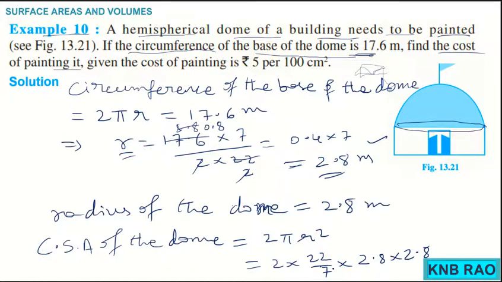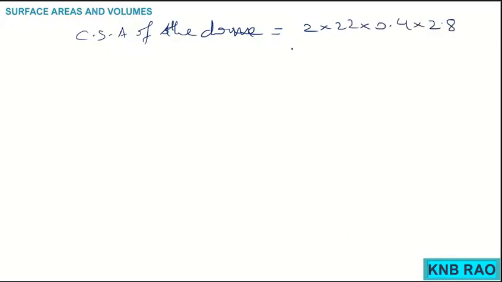You need to simplify this. On simplification, the curved surface area of the dome, you will get 2 into 22 into 0.4 into 2.8. You know how to simplify this value, you will get 49.28 meter square.